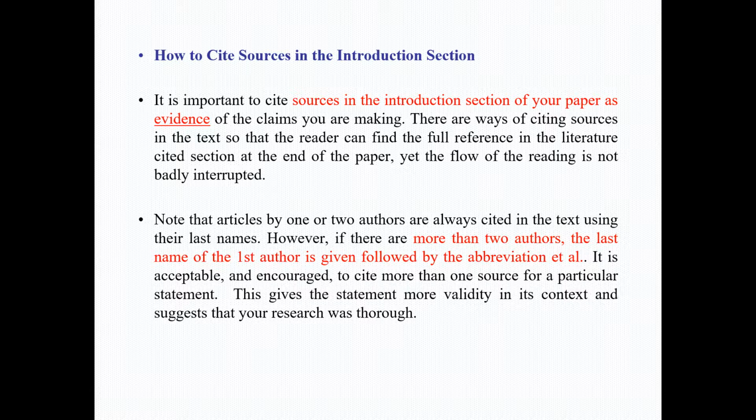However, if there are more than two authors, the last name of the first author is given, followed by the abbreviation et al. It is acceptable and encouraged to cite more than one source for a particular statement, and there is a reason for that. The reason is that it gives the statement more validity and context, and suggests that your research was thorough.